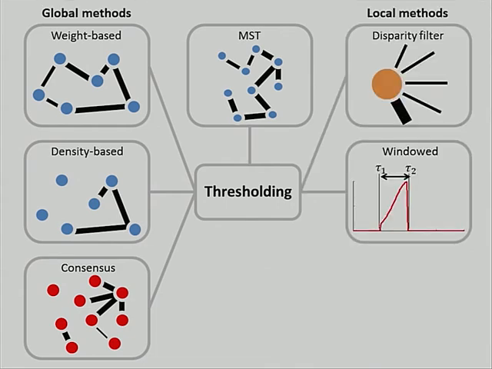I've also briefly touched on local methods. In particular, I mentioned the disparity filter and window thresholding. With these methods, we can emphasise or highlight particular parts of the network, or properties within a given neighbourhood of a node or a neighbourhood of a connection.